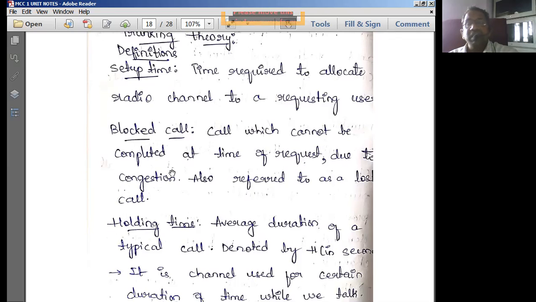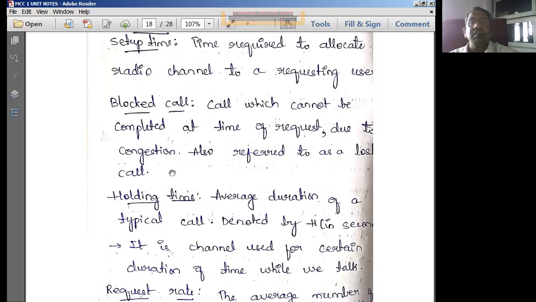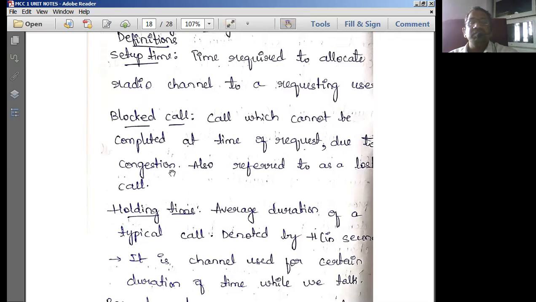The next rating for grade of service is blocked calls. We all know what call blocking is. A call which cannot be completed at the time of request gets dropped, and that call is known as a blocked call.